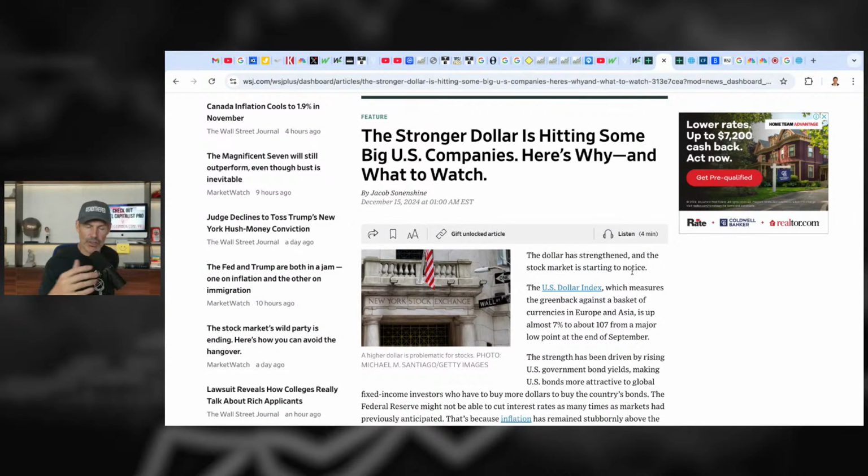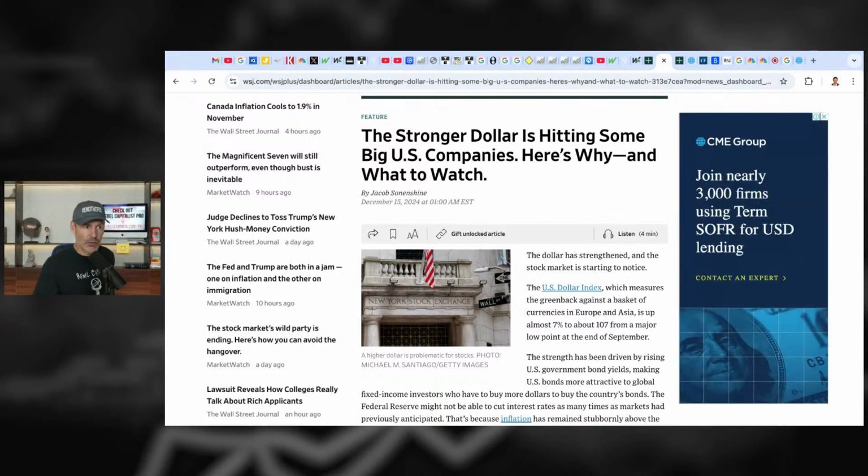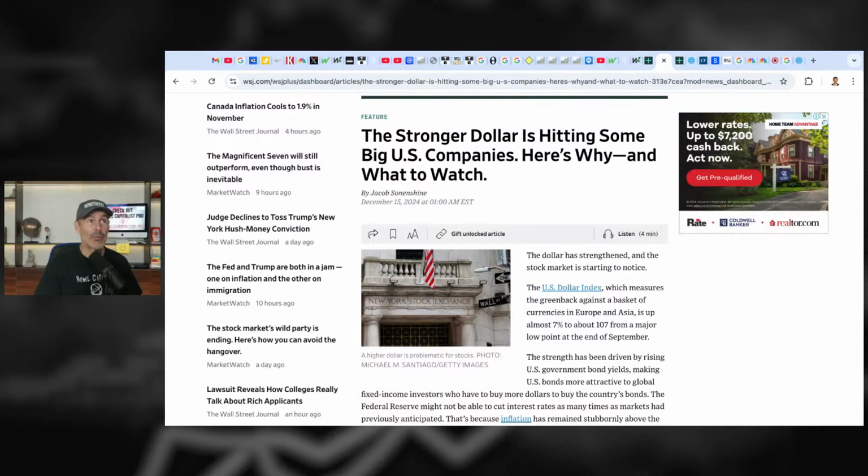Where they're going with this is you have all these multinational companies that are exporting to, let's just say, China, Malaysia, Australia, wherever. And we look at the United States as having a massive budget deficit, which is true. But that doesn't mean that we don't export anything. We export a lot. In fact, the last time I checked, we export, what was it, 600 billion a month? Something like that. So that's a big number.